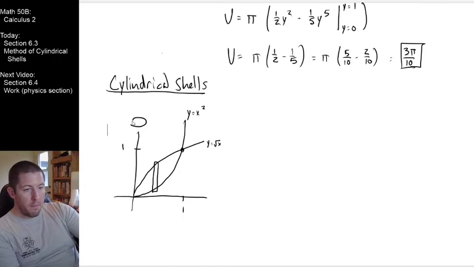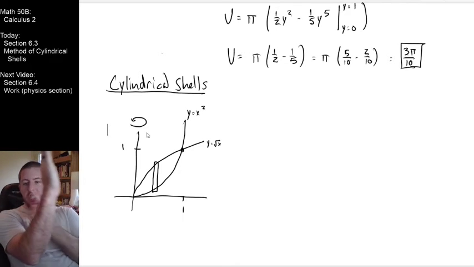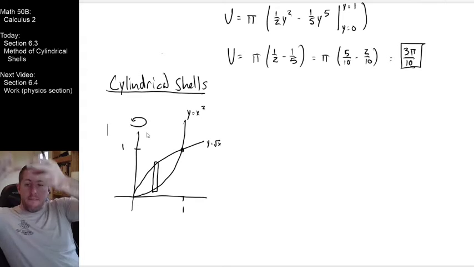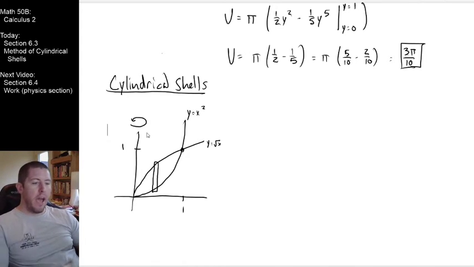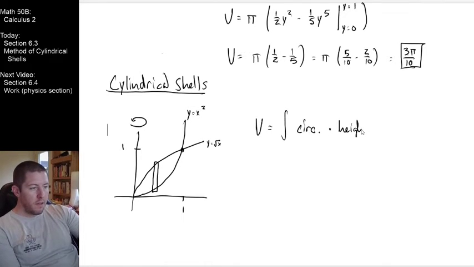So again, because our axis of rotation is the y-axis, I know that my shells are rotating around that y-axis, so I'm vertically building my shells around the axis of rotation here. To do our cylindrical shell method, our volume is going to be an integral of circumference times height times thickness.